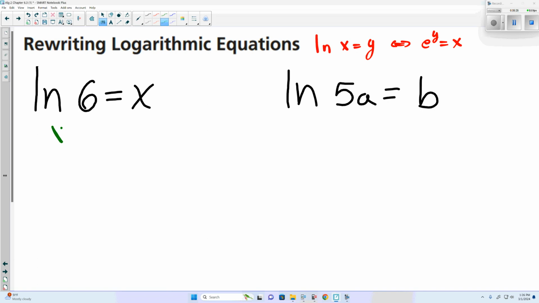Now here, our x is 6 and the y is x. And our base this time is e. So we're writing it in exponential form. So e to the what? e to the x equals 6.